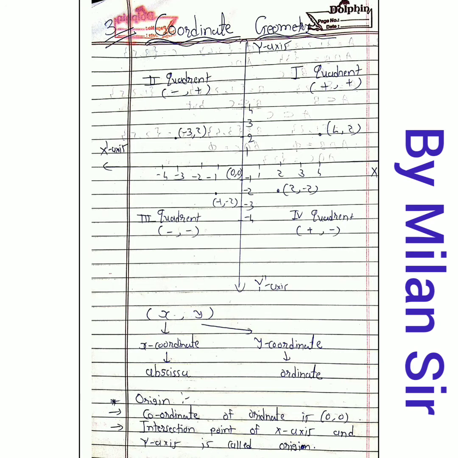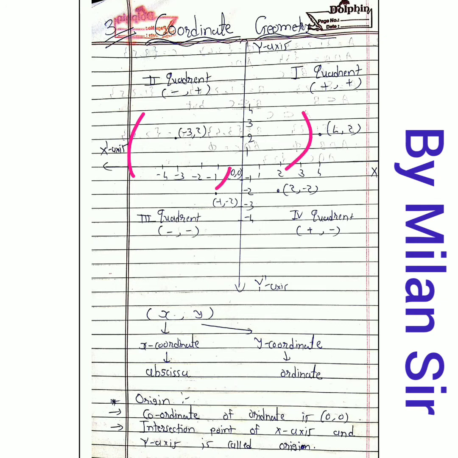Now how can we fix our point on this graph? How can we locate our point in the Cartesian coordinate system? We need to write the position of the point in two parts.